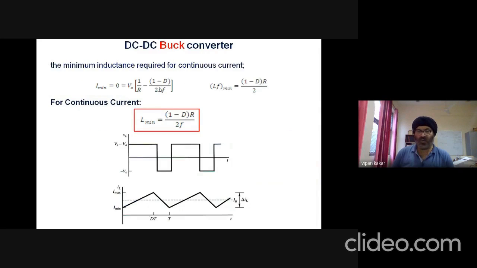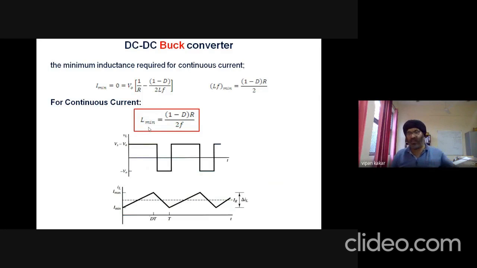So for the minimum value, using that previous equation, putting that to zero, we can find out the minimum value of this inductor, which is 1 minus d. So if this inductance goes below this value, the current will not be continuous. It shows that. So to maintain this current in continuous conduction mode, this is the minimum value of inductance required.